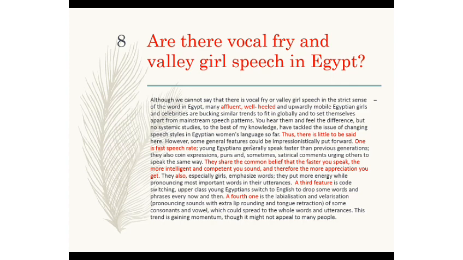They also use expressions and puns like all teenagers and millennials around the world, and satirical comments urging others to speak the same way. They share the common belief that the faster you speak, the more intelligent and competent you sound, and therefore the more appreciation you get. This is how people look at fast speech rate.